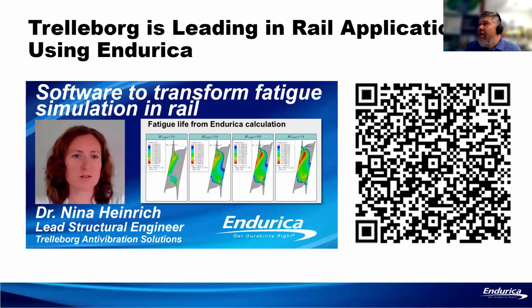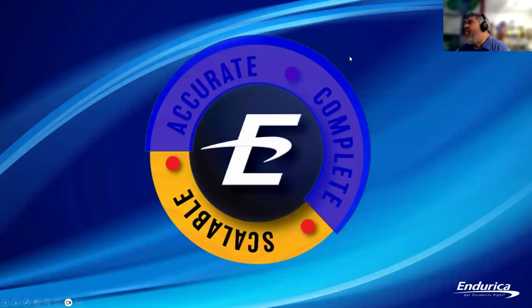If you follow the QR code, you're going to be able to see how the Endurica tools fit right into the Trelleborg workflows. So anyhow, the tool set that is available now is sufficient to do production engineering for rubber parts.